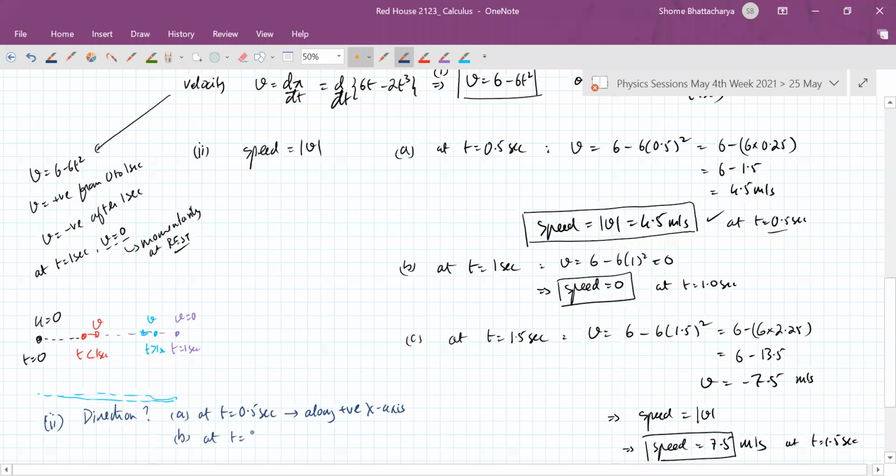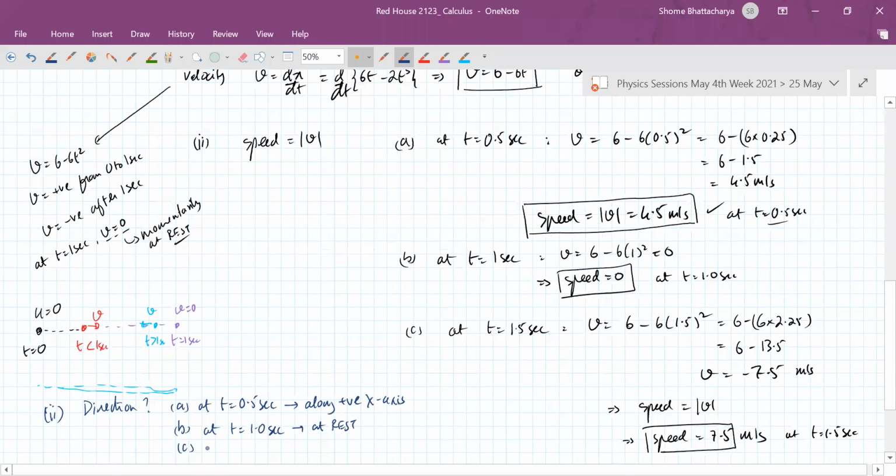At t equal to 1 second, it is at rest. So there's no particular direction. It's momentarily at rest. Okay. And for any time greater than 1 second, like 1.5 seconds, you can see that the direction is along negative x-axis.